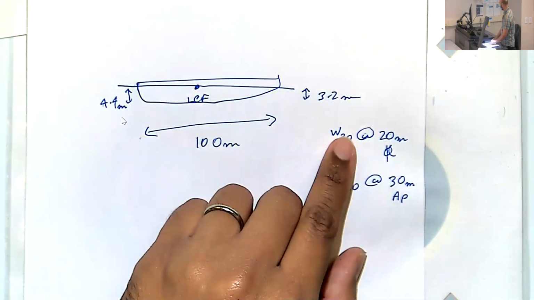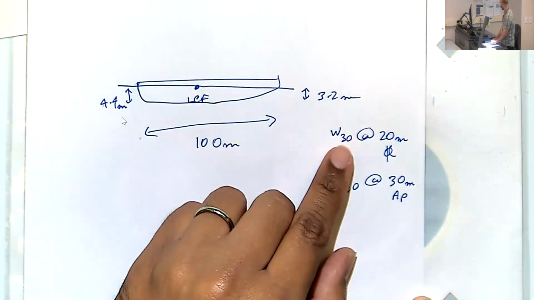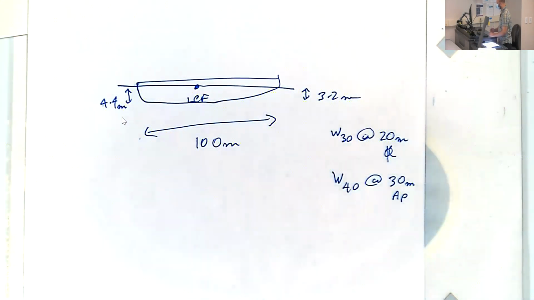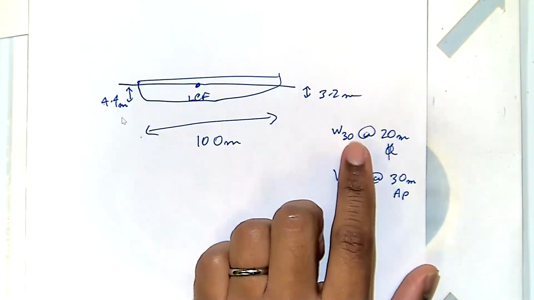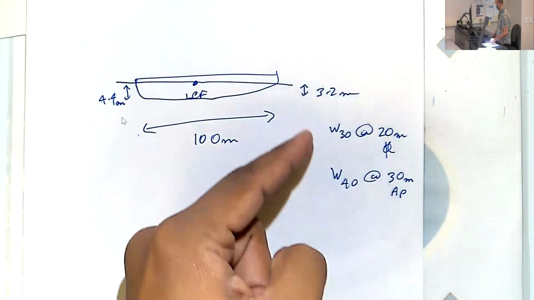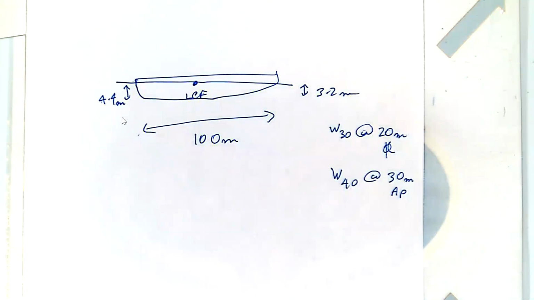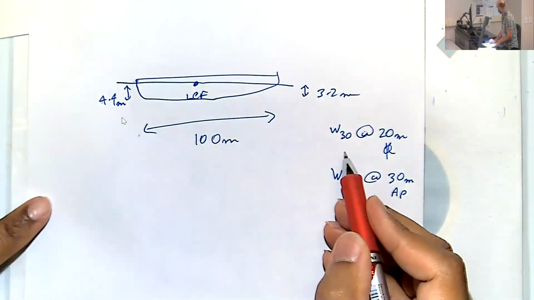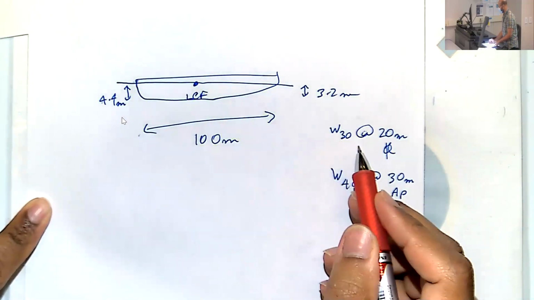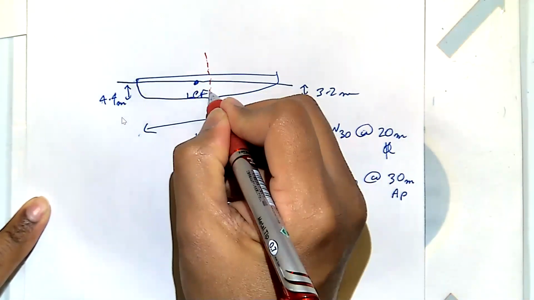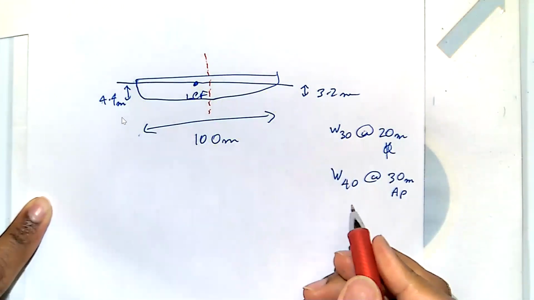Okay, weight you add. Wait, you add or subtract? I think you're adding. Both? I think so. Let me pull it up. So let's say you're adding 30 ton at 20 meters forward of midships. Yeah, you're adding 40, another weight.